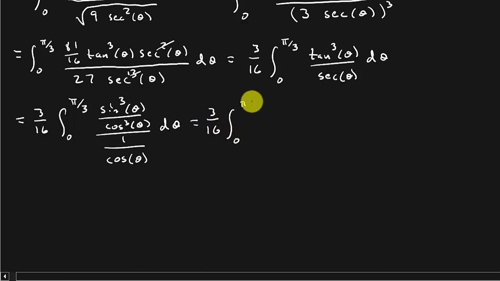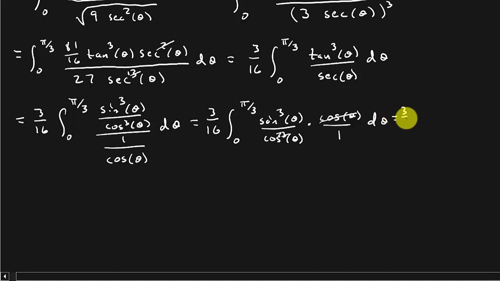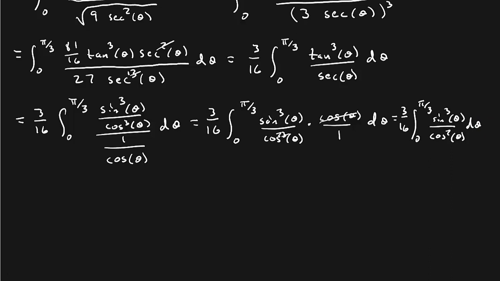And so this is sine cubed theta over cosine cubed theta times the reciprocal of this, times cosine theta over 1 d theta. And the cosine cancels, and I'm left with a squared there. So that is 3/16, 0 to pi over 3 of, what is that? Sine cubed theta over cosine squared theta d theta.